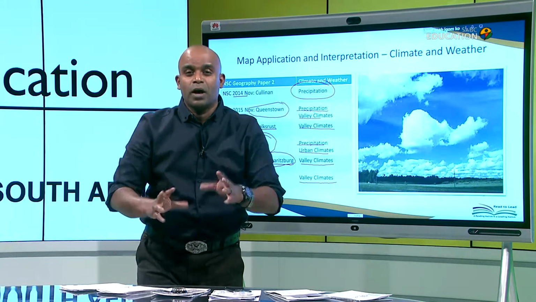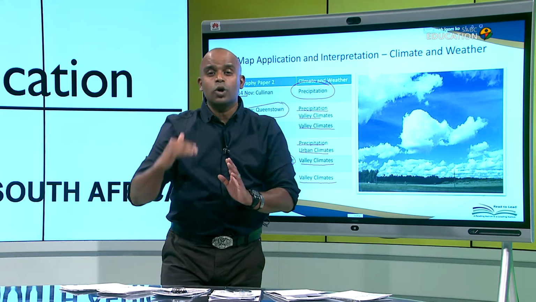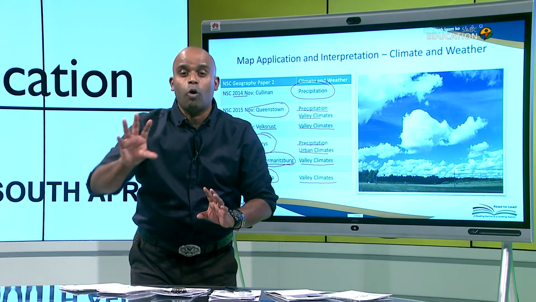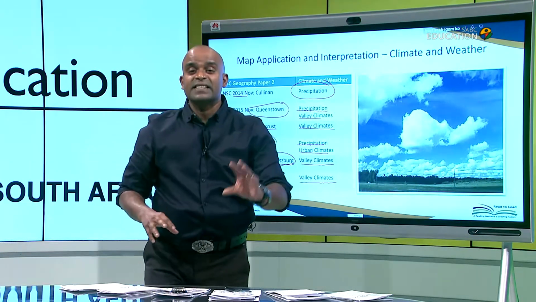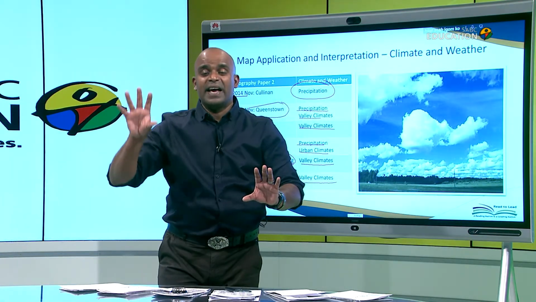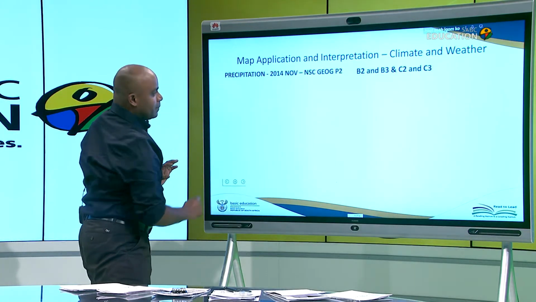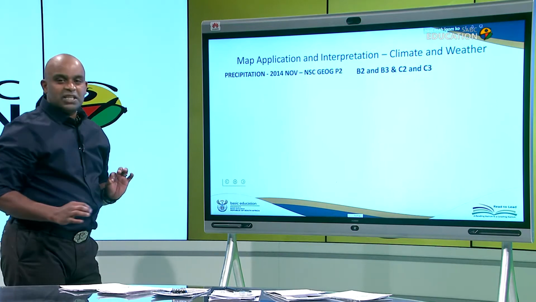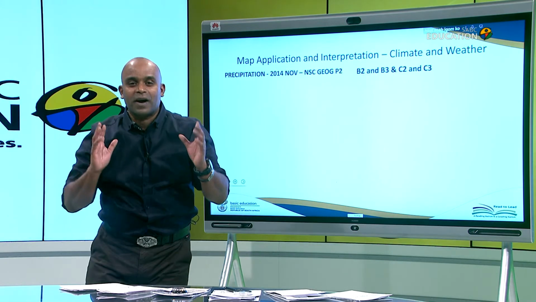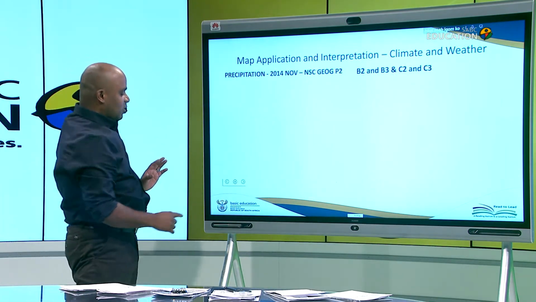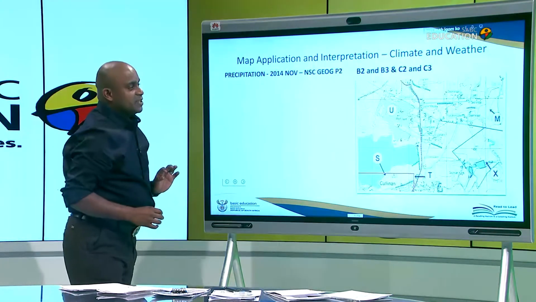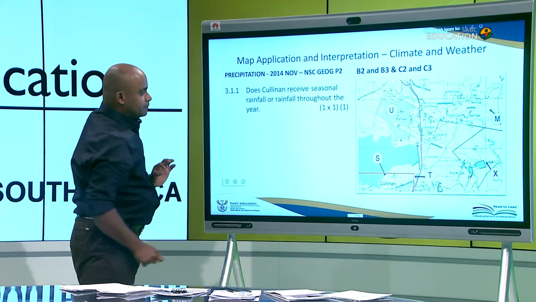What we will do now is look at and group these according to these themes: that is precipitation as well as valley and urban climates. We start off with our first map, which is the 2014 map, and note it is the map of Cullinan, and the emphasis on this particular one was precipitation. Let's look at the question.